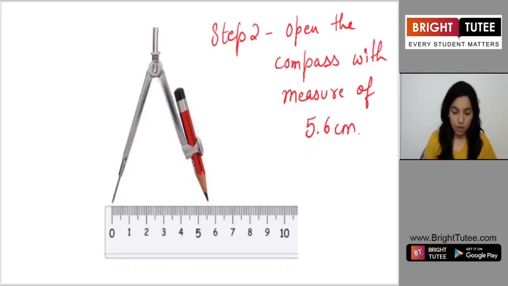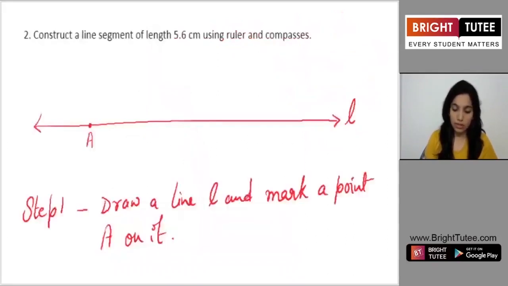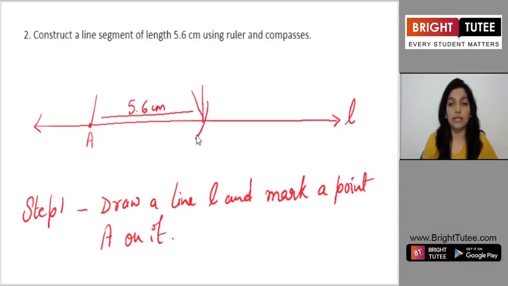Now you have already marked a point A on the line. Keeping the pointer on this point A and the pencil on this point, anywhere on the line wherever you get the distance of 5.6 centimeter, you mark an arc on the line. Is that right?